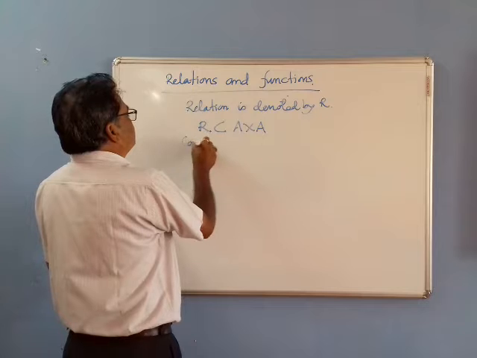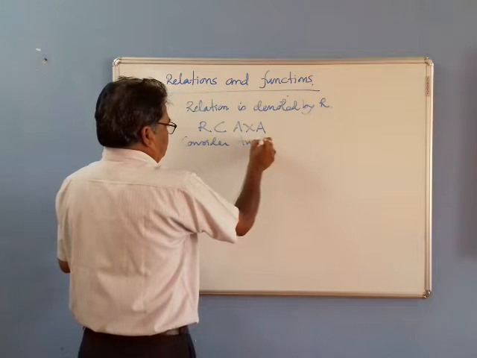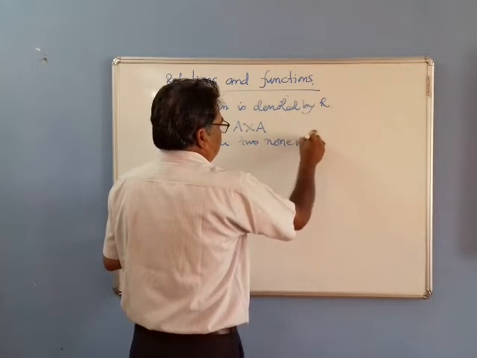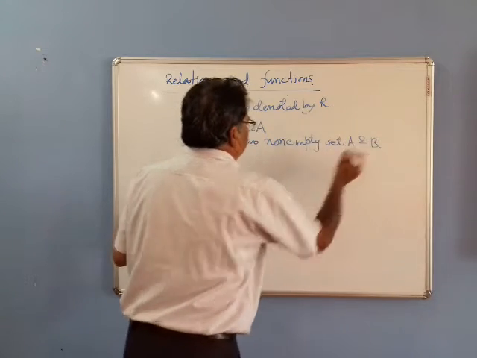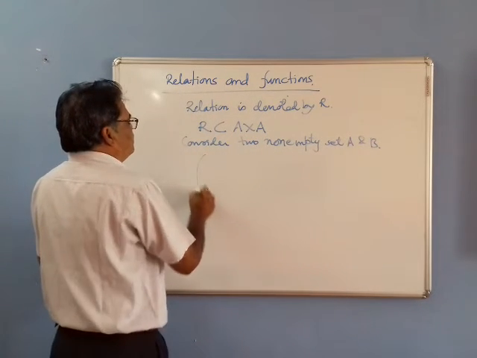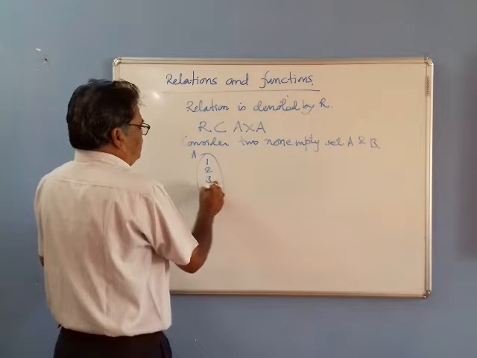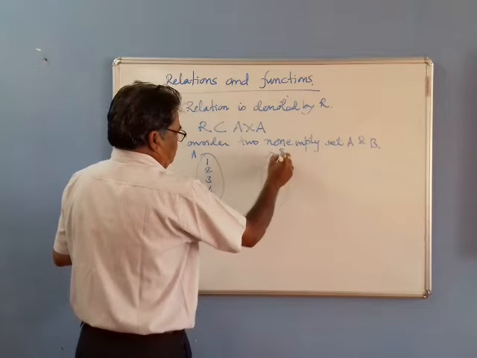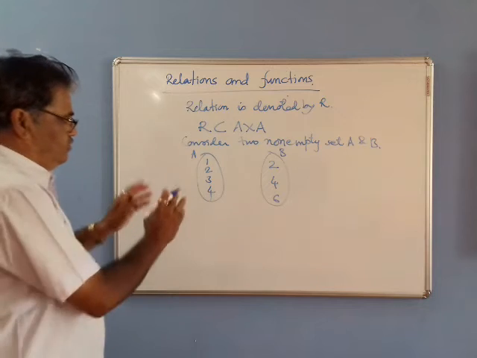Consider one example. Consider two non-empty sets A and B. Let A have elements 1, 2, 3, 4 and B have elements 2, 4, 6. These are the two sets.